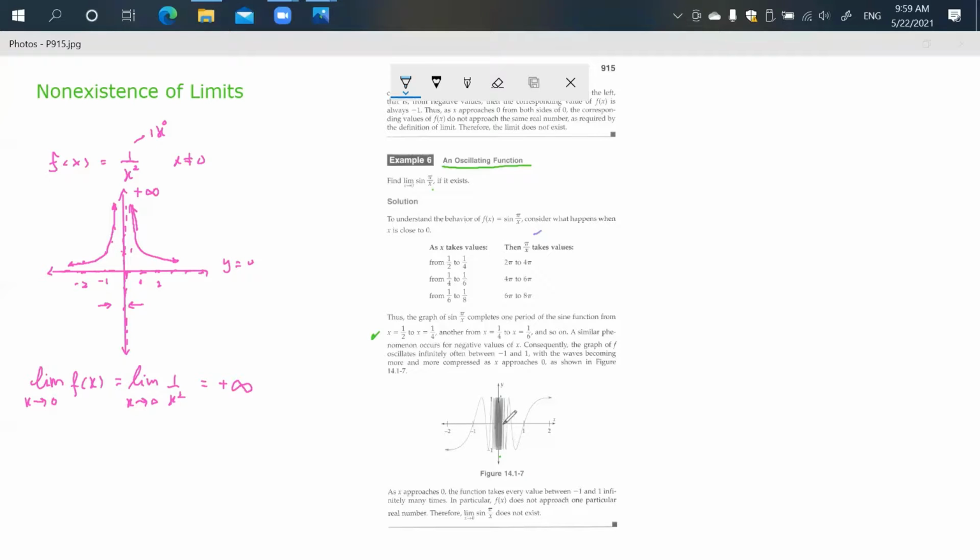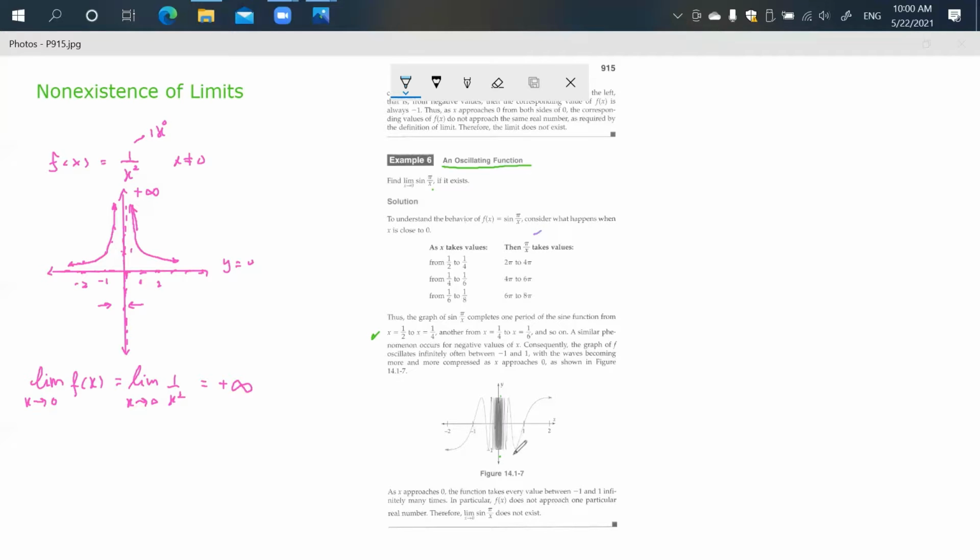As x gets closer to 0, from the left the same thing happens. They move between 1 and -1. As x approaches 0, the function takes every value between -1 and 1 infinitely many times, from the right and from the left, up and down.